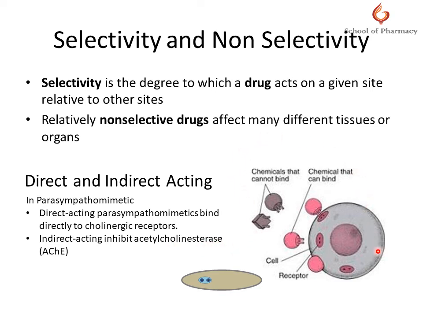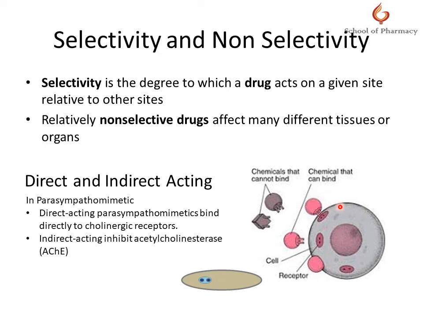This is just an example I showed of how selective and non-selective work. For example, this is the site, and these are the chemicals which can bind to the site, and these are the receptors. So these chemicals are basically selective. If there is a different site, and the same chemicals come and bind here, they will be non-selective.